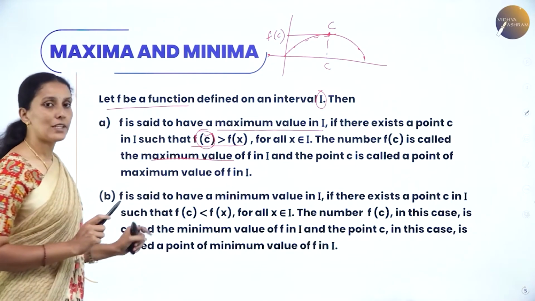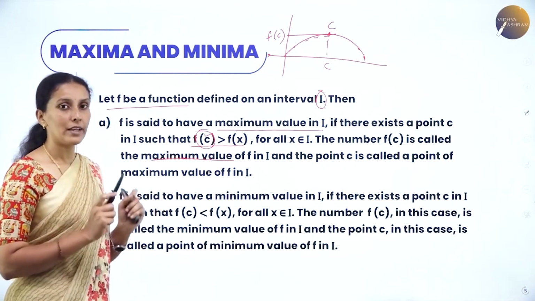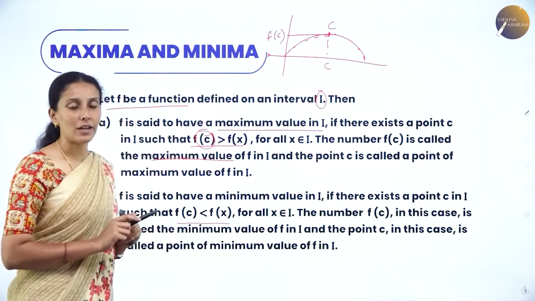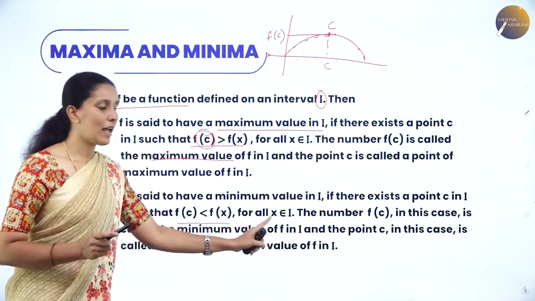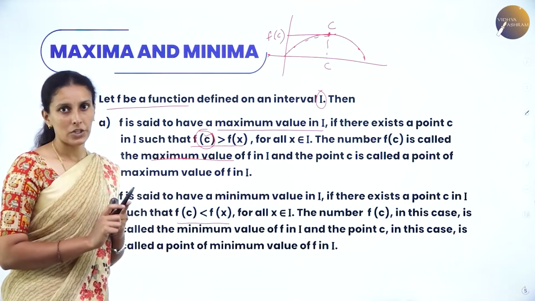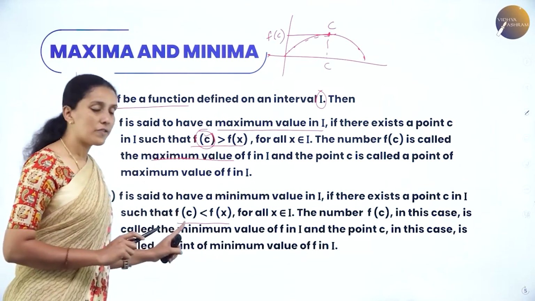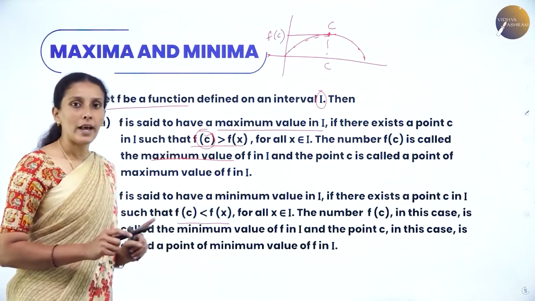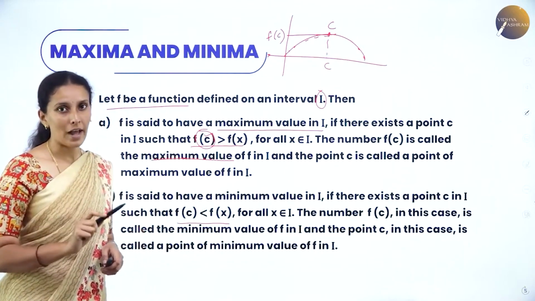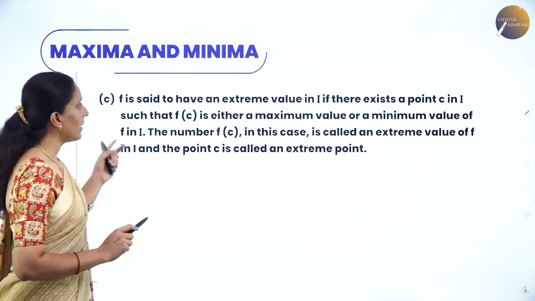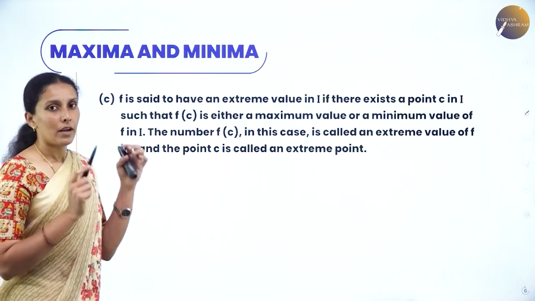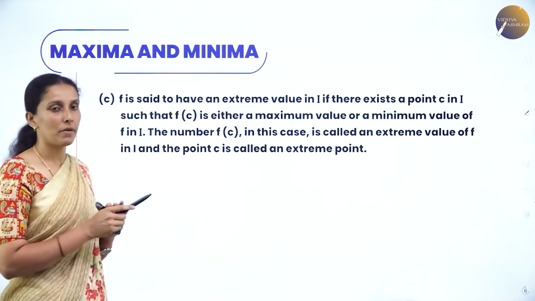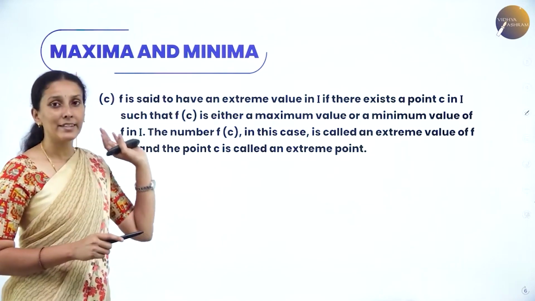Next, f is said to have a minimum value if there exists a point c such that f of c is the minimum value when compared to other values of x belonging to the interval. Then we say f of c is the minimum value and c is called the point of minimum value. Other than that, we may arrive at some points where it is neither a maximum nor a minimum value, and that is called an extreme value.